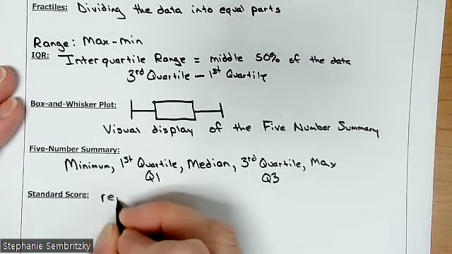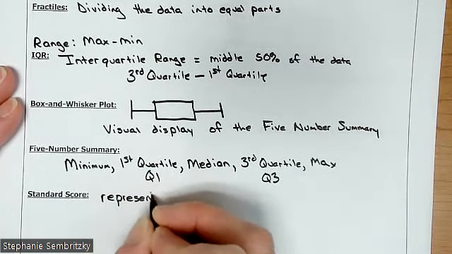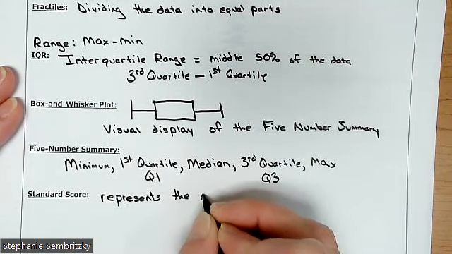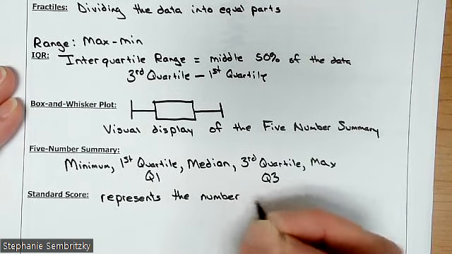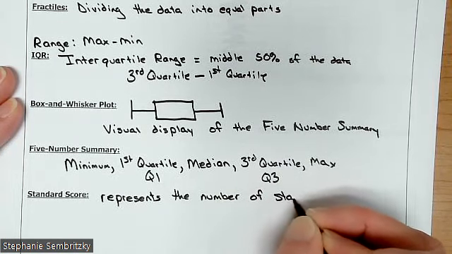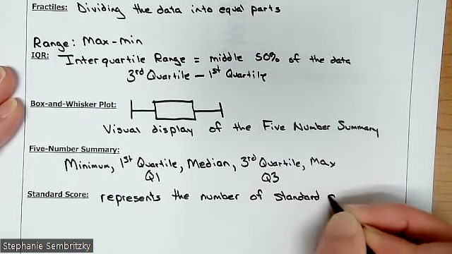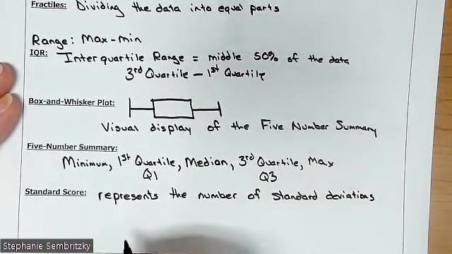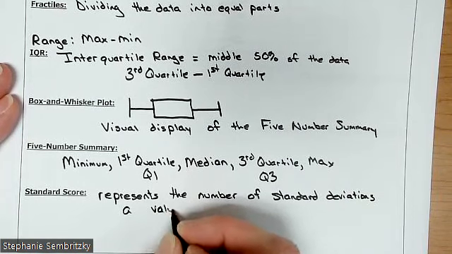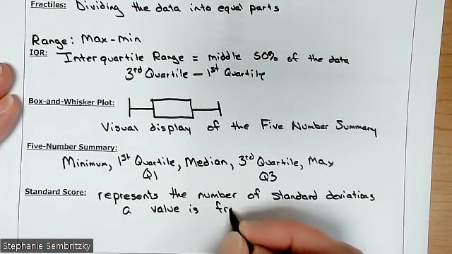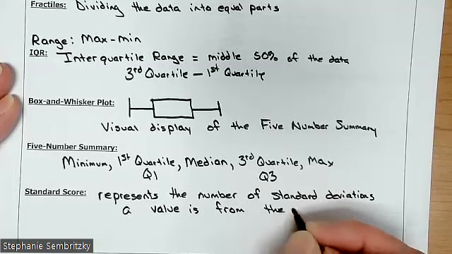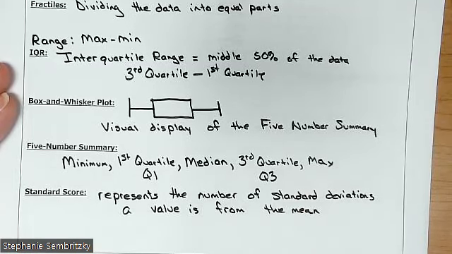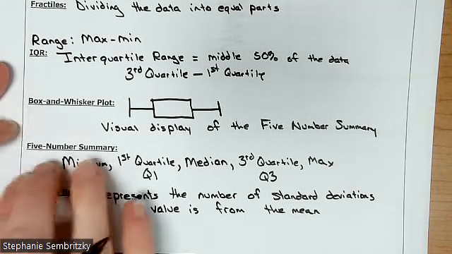This represents the number of standard deviations a value is from the mean. So it has to do with mean and standard deviation. So that's why it's okay to move that one to tomorrow. Everything else is going to deal with this 5-number summary.